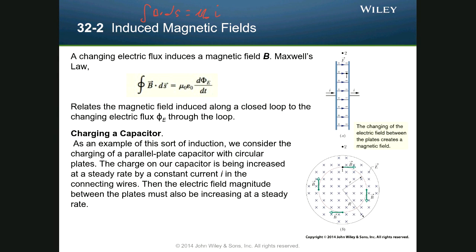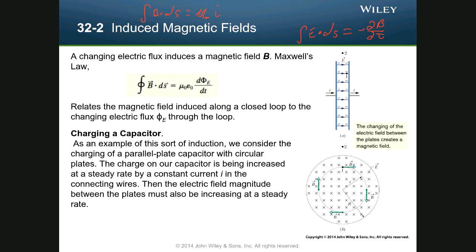But when we look at Faraday's law, we find that this induced electric field is due to a changing magnetic field. So what Maxwell thought is, why can't you also have a sort of mirror process, where you have a changing electric field resulting in a magnetic field.